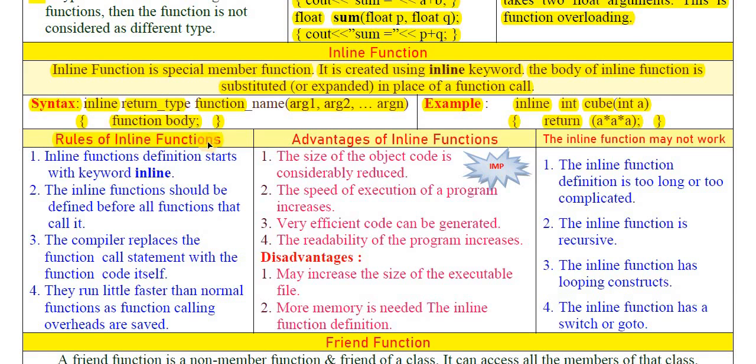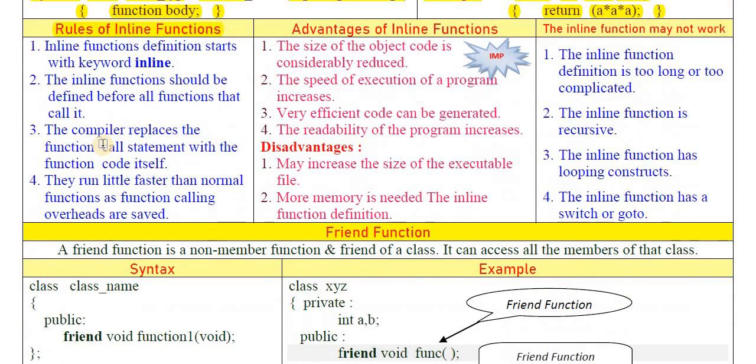rules for inline functions. The inline function definition starts with the keyword inline, meaning for writing the body of an inline function we should start with the inline keyword. An inline function should be defined before all the functions that call it, meaning before using an inline function, we should first define it.